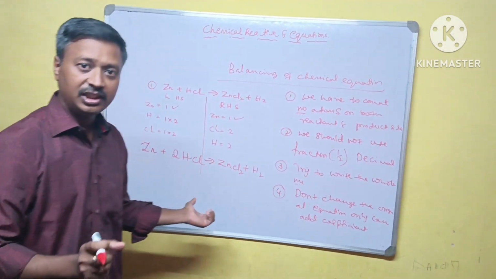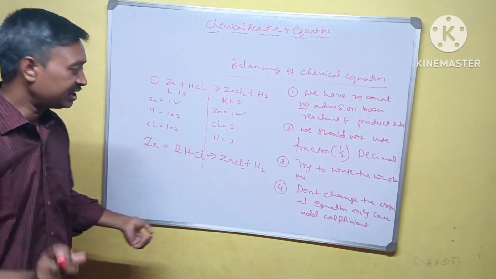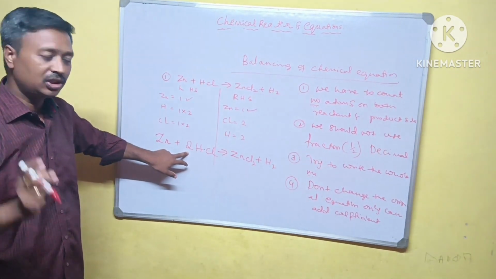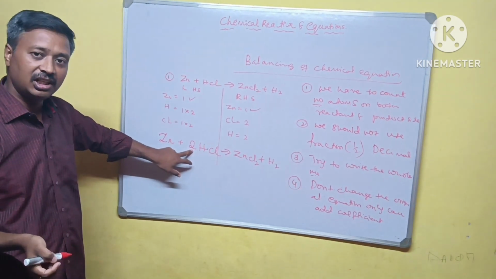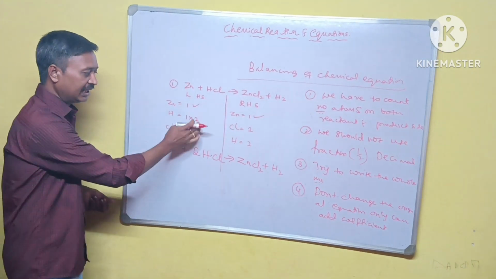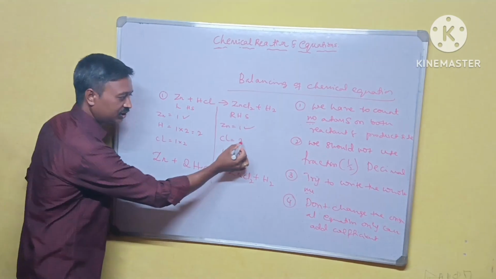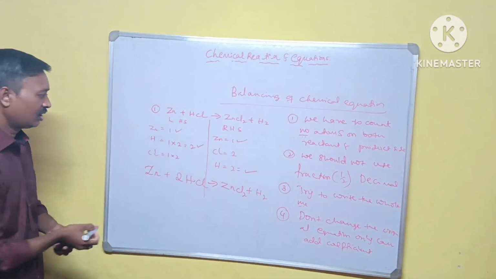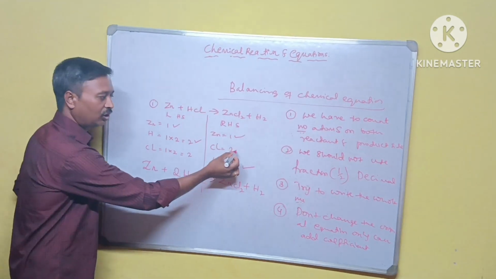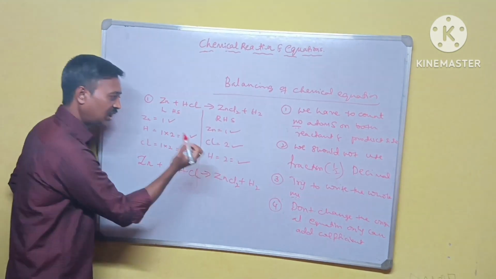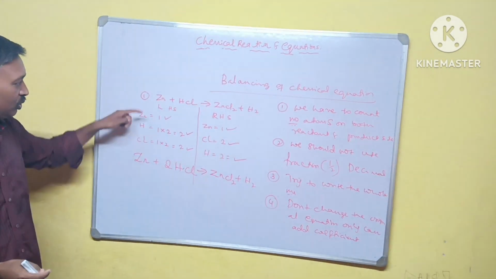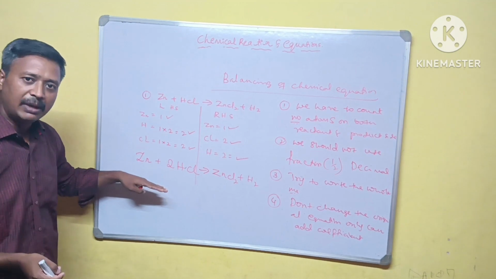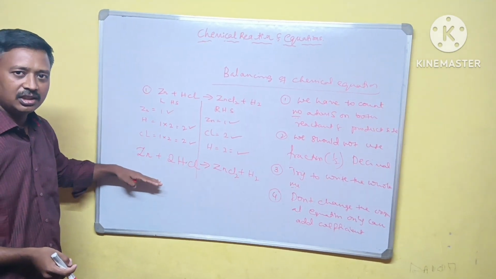Am I altering the equation? The original equation is as it is. I only wrote the number before the HCl to balance. How many hydrogen here? 2. Here? 2. Both are balanced. How many chlorine here? 2. Here? 2. Both are balanced. Now 1, 2, 2 and 1, 2, 2. It is balanced. Is it clear?